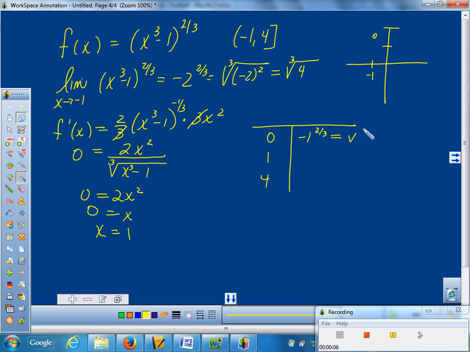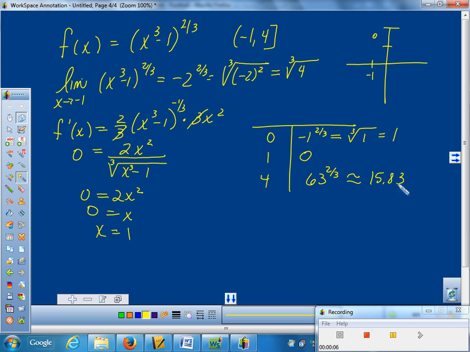Cube root of 1, which is just 1. If I put 1 in there, 0. And if I put 4 in there, so that'd be 63 to the 2/3 power. I guess 1, that would probably be good. Thank you.